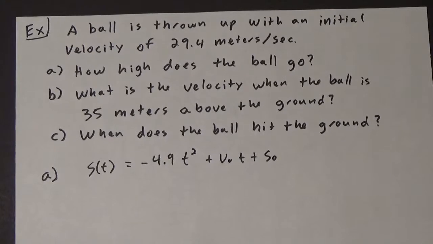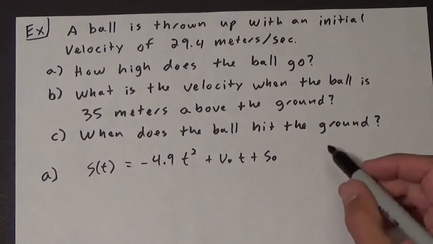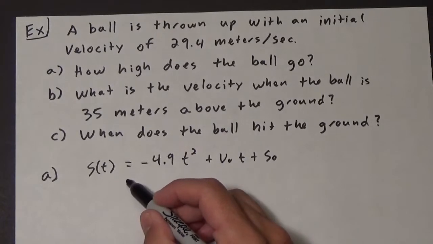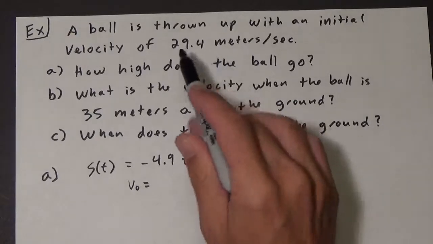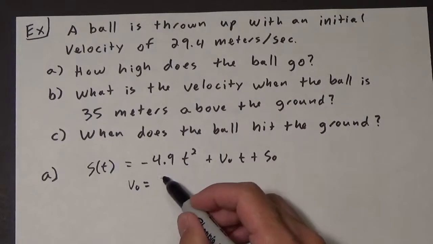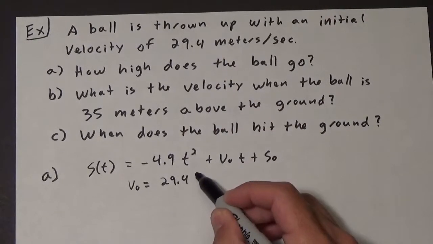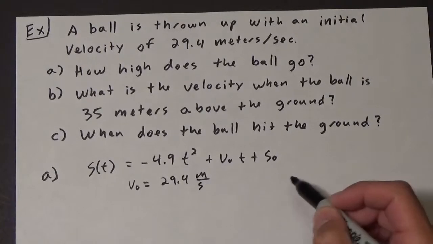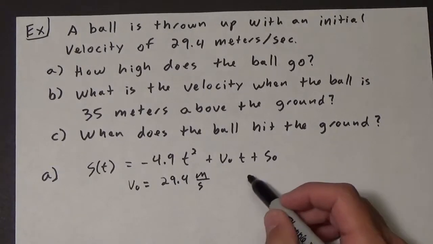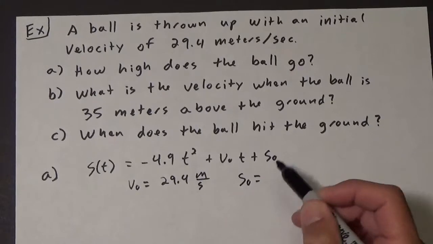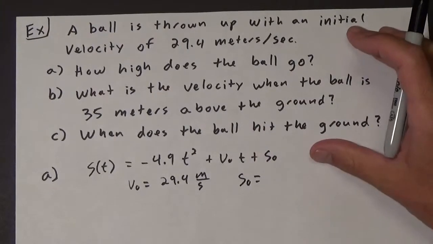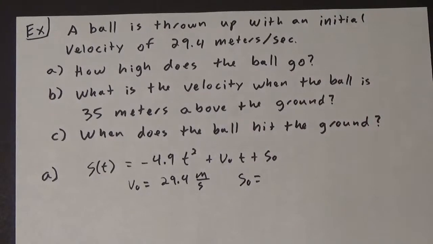Alright, we need two things. One, we need an initial velocity, and the second, we need an initial position. Well, in this case, our initial velocity, it says, is 29.4 meters per second. Our initial position, well, it doesn't say anything about it being a certain height above the ground.